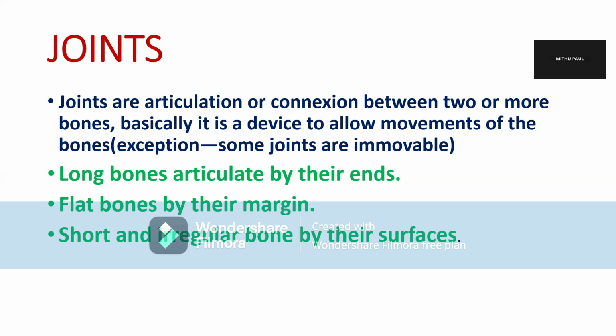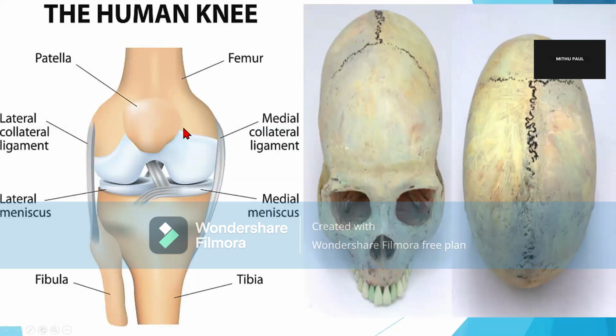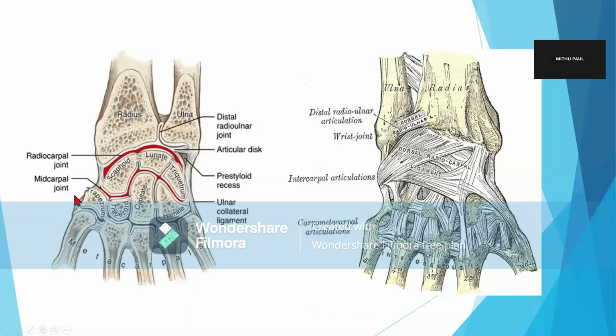Coming to examples. This is a picture of the knee joint where two long bones, femur from above and tibia from below, are articulating to form the knee joint. Here is the skull suture, the sagittal one, where two parietal bones are articulating at their margins. This is the region of the carpus or the wrist, where the small bones known as the carpal bones are articulating among themselves via their surfaces.